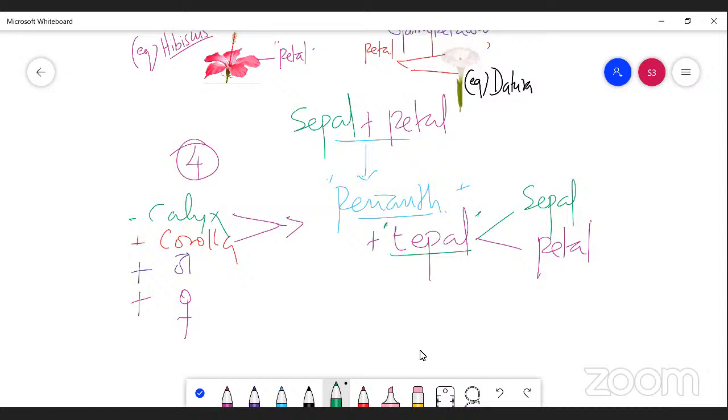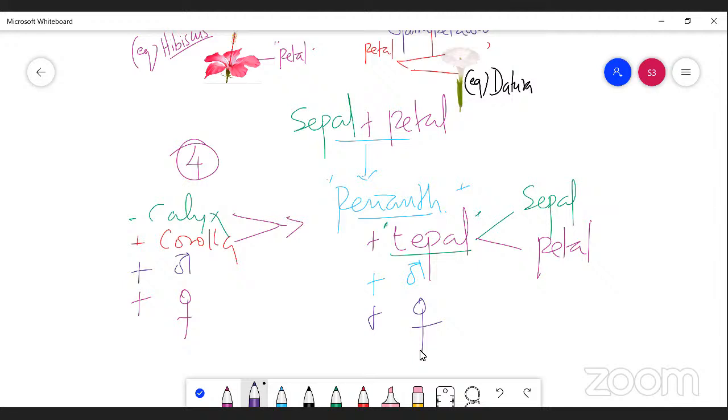In addition to that, you find the androecium, the male reproductive part, and the gynoecium, the female reproductive part. So the perianth is present in some flowers of the angiospermic group, in which instead of sepal and petal, you find a tepal. Now the tepal is the outermost whorl of a flower. It may be green in color, or sometimes it may be like a petal or corolla in nature, right?